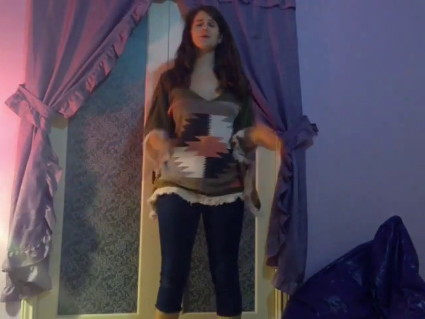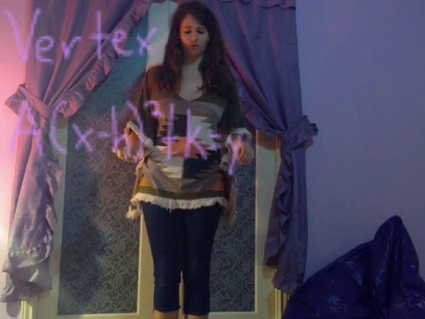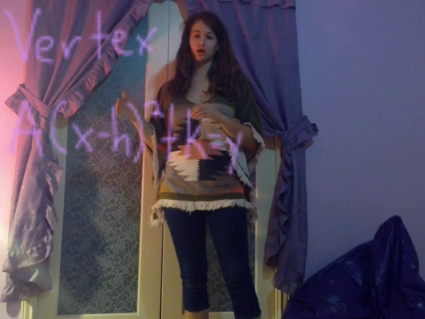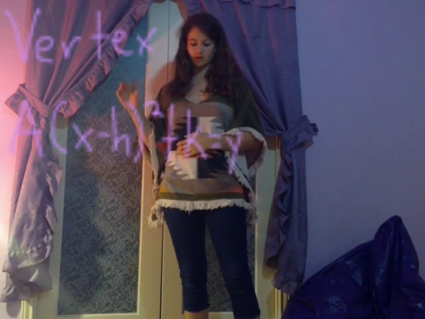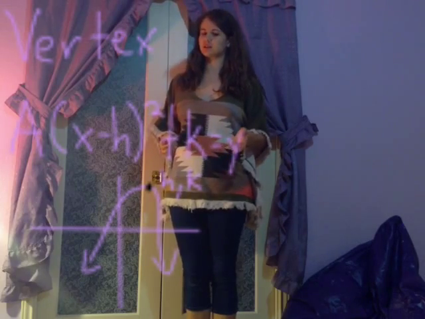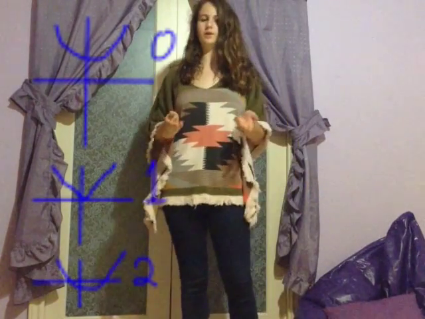Okay, last but certainly not least is vertex form, which is a pretty awesome and really useful form. It can be used to do a lot. Basically, it's y equals a parentheses x minus h end of parentheses squared plus k. H comma k is the vertex. Okay, so you can have 0, 1, or 2 real solutions.